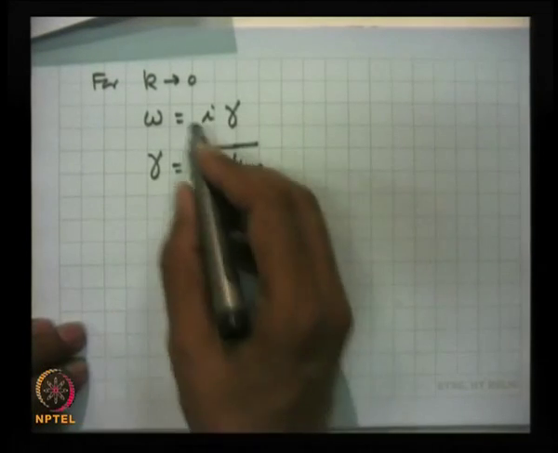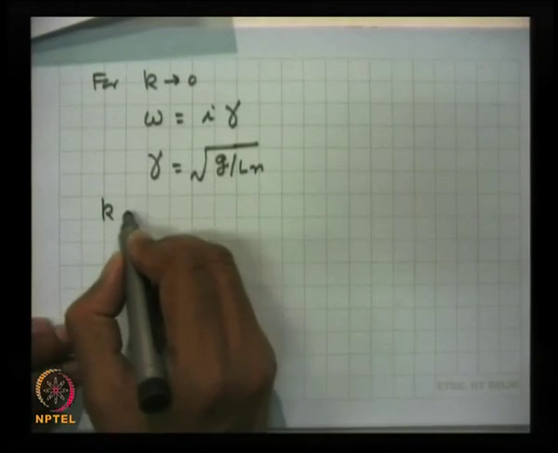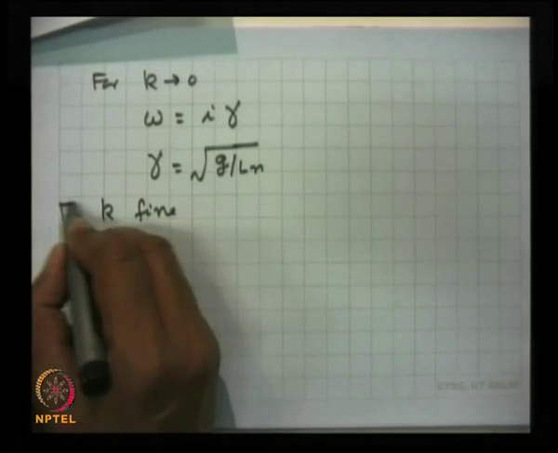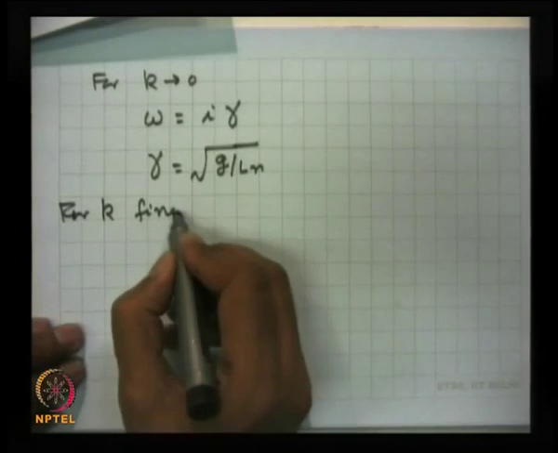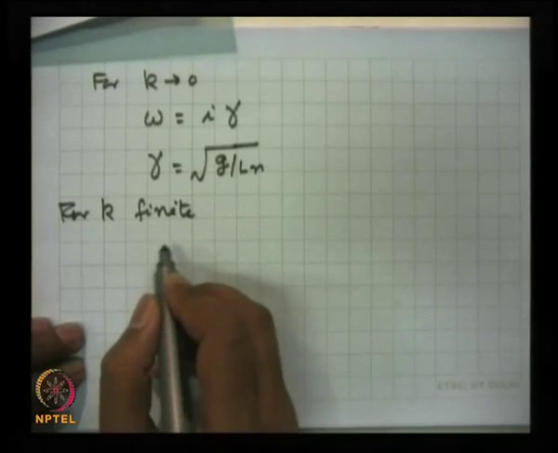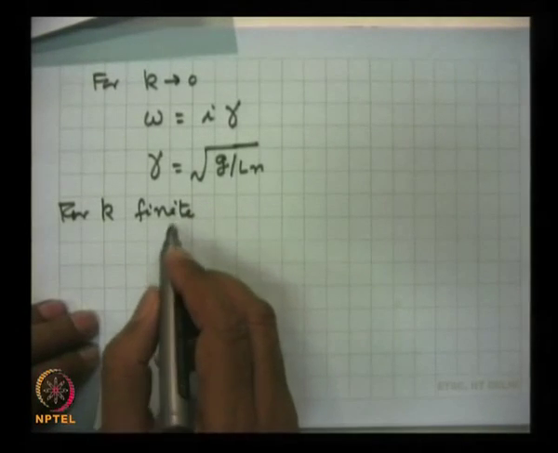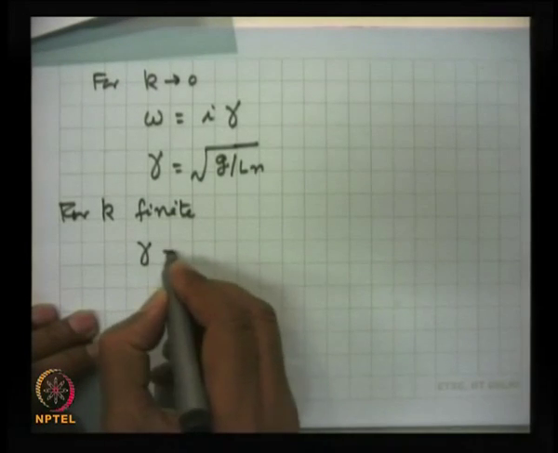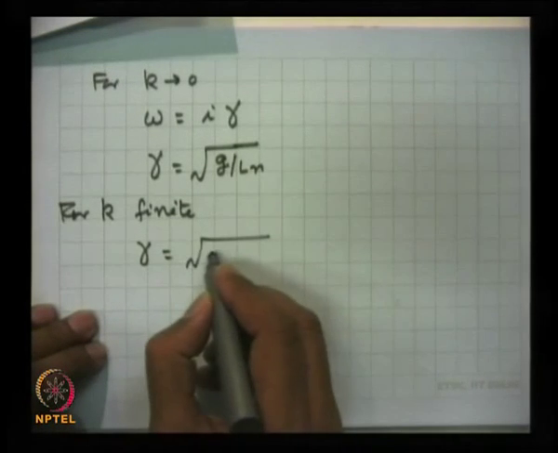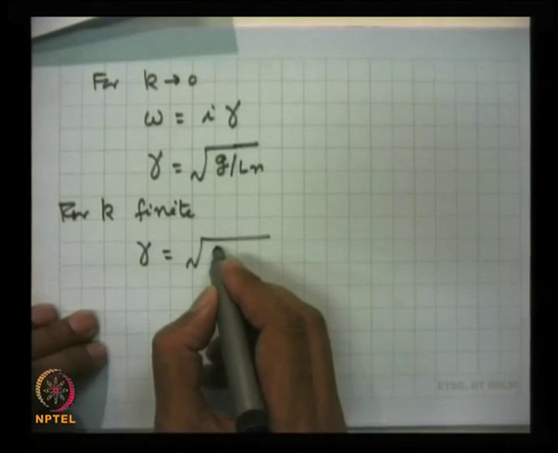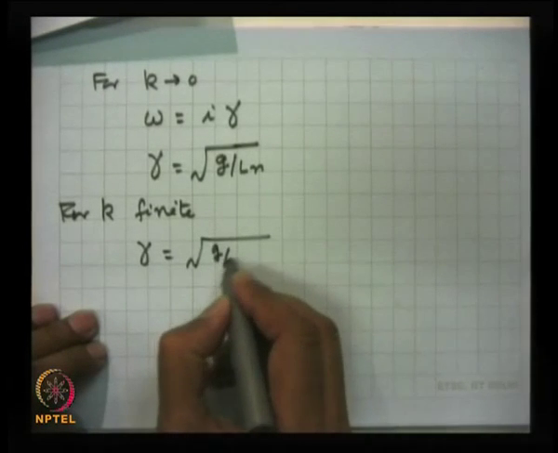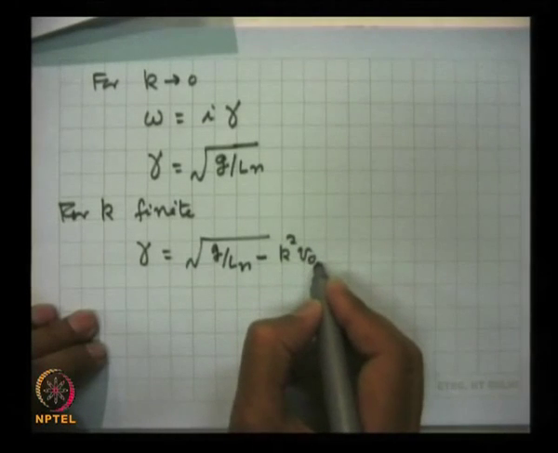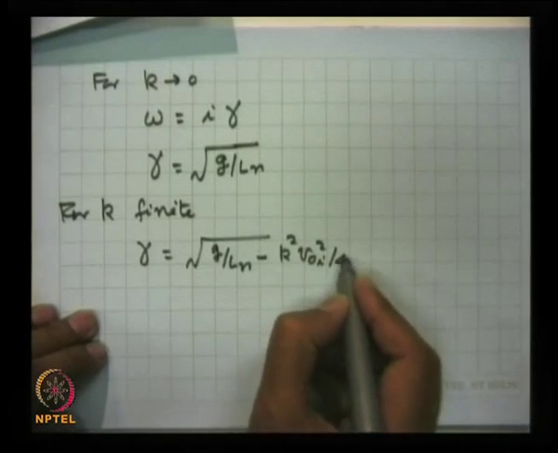And if k is not 0, for finite k, what you get, the growth rate is, as I mentioned there, equal to the square root of g upon Ln minus k squared v0I squared by 4.